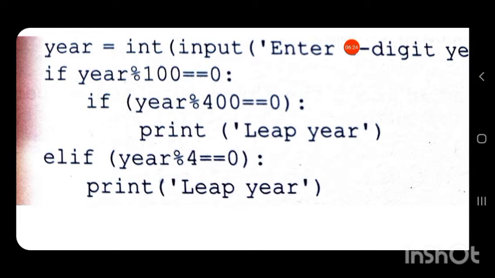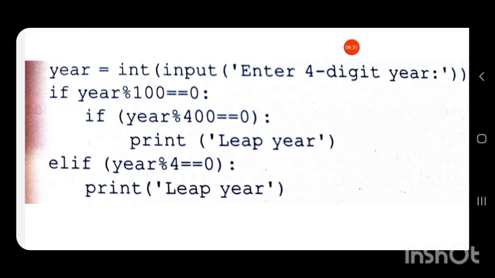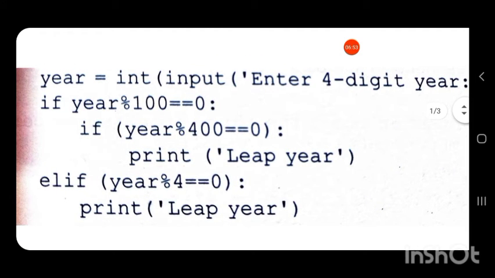Else it is not a leap year, it is an ordinary year. If we give only year mod 4 equal to 0, there are certain exceptions, like 1900 and 1800, which are divisible by 4 and give remainder 0, but they are not leap years. So we divide by 400 to get the accurate result.